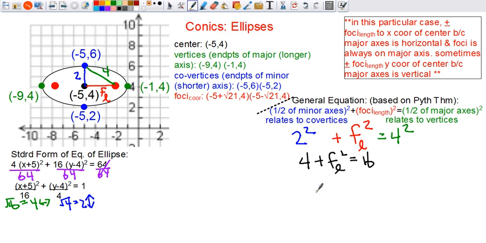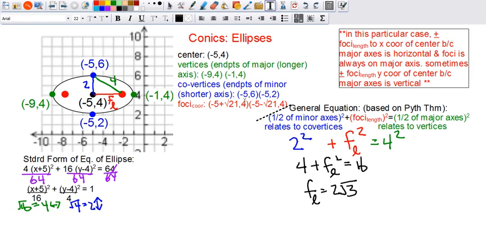And root 12 simplifies to 2 root 3. So it looks like I screwed up this number here. I don't know where I got this 21 over here. So ignore this. Let me change this. This is going to be 2 root 3.